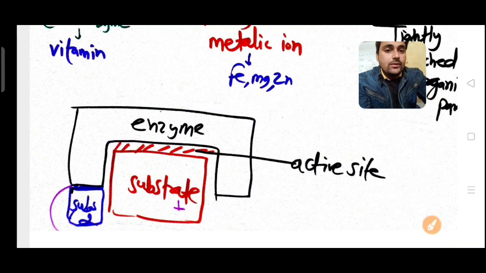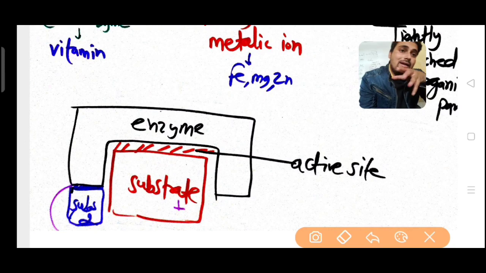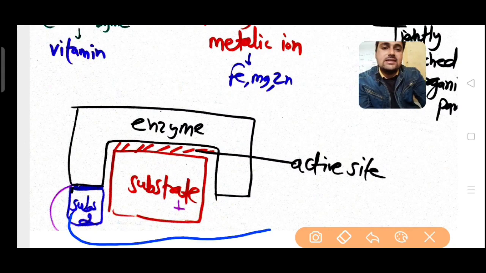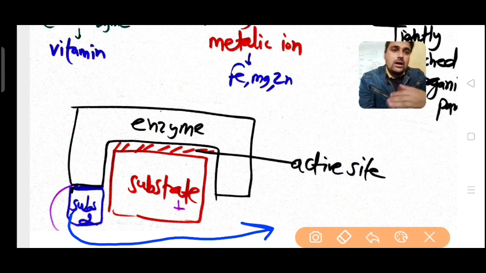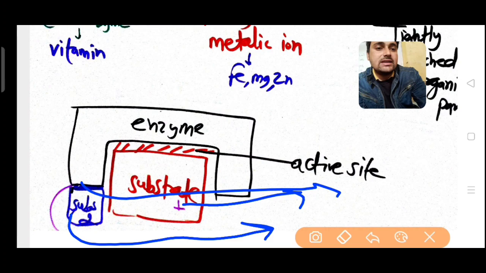If your substrate is not binding on the active site and is binding on another site, like this is substrate 2, another substrate, and this is substrate 1 binding on the specific site, we call it the active site. If another substrate comes and binds on another part of the enzyme, then we call it the allosteric site.